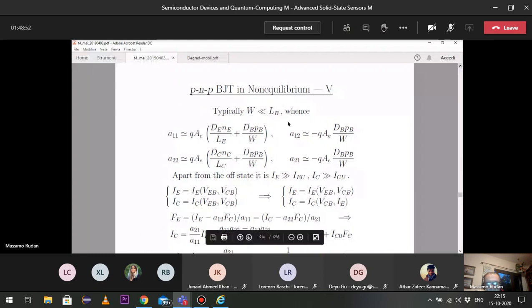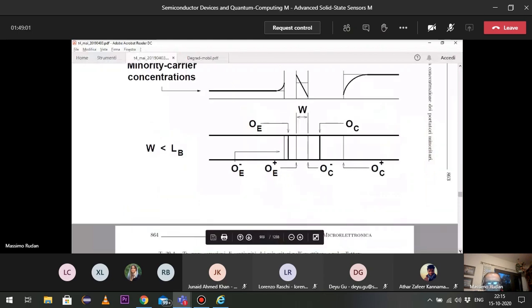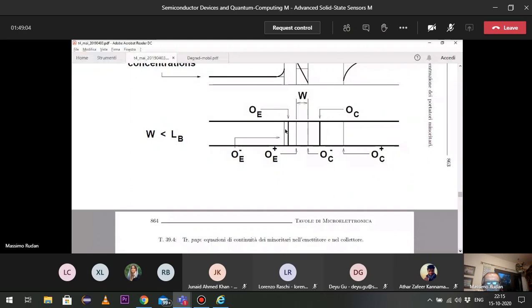But this is easy. We go back here. When you consider the normal mode of operation, the edges of the space charge region of the emitter junction don't move very much if you change the bias, because this junction is in forward bias, okay?